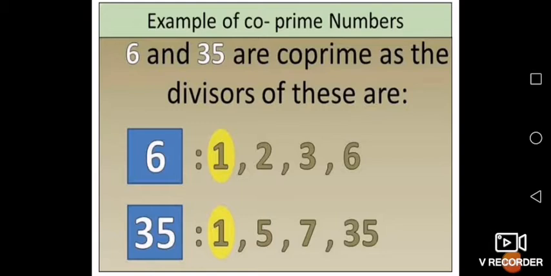So, in these two numbers, you can find 1 as a common factor. That's why 6 and 35 are called co-prime numbers. So I hope co-prime numbers will be clear to you all, because in both the numbers you have 1 as a common factor.